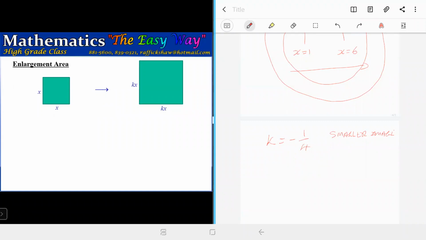So the image and the object will be inverted. Inverted, that's a key word. The image will be inverted and pointing in the opposite direction. All right?